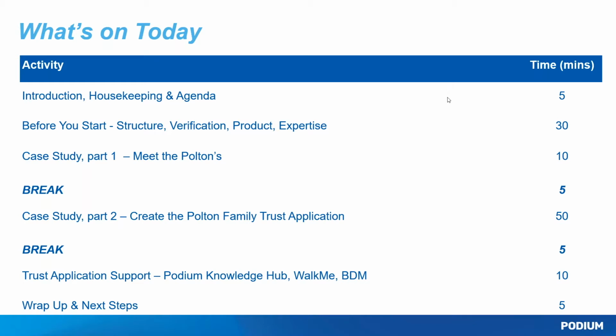Okay, folks, let's get into the webinar itself and let's kick off with before you start. The first part that we need to talk about, folks, is knowing your customer. Absolutely imperative at all times, even more so when you're dealing with trust applications. What you need to be able to do is to identify very clearly who are the trust parties who make up the trust.